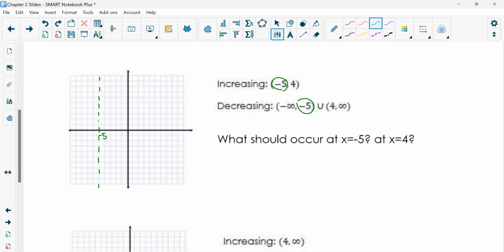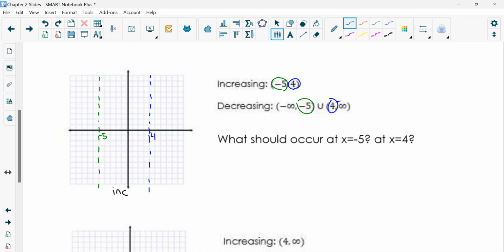The other overlap is at 4. So at x equals 4, we also want to draw a vertical dotted line. It says it's increasing from -5 to 4, so in this area, from -5 to 4, we have to be increasing.